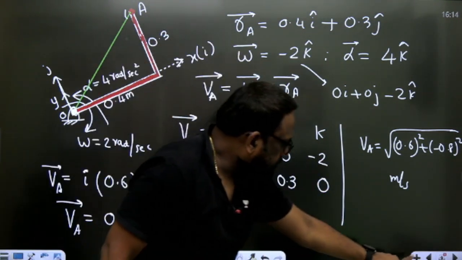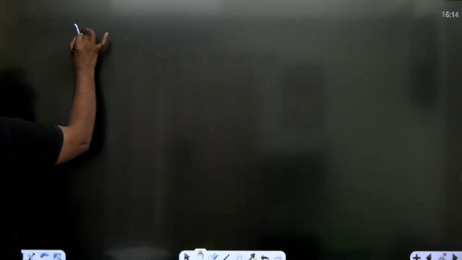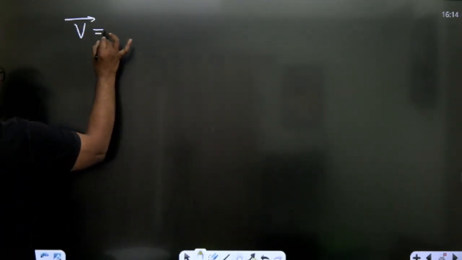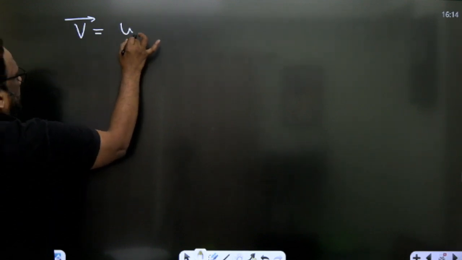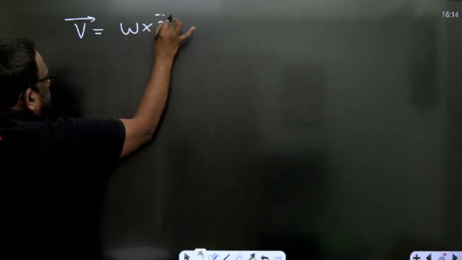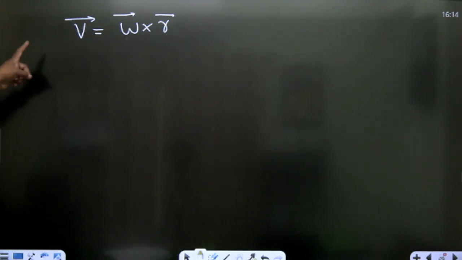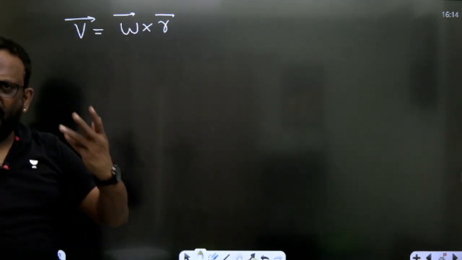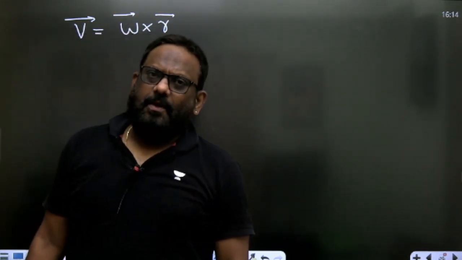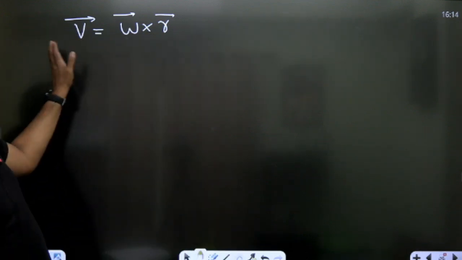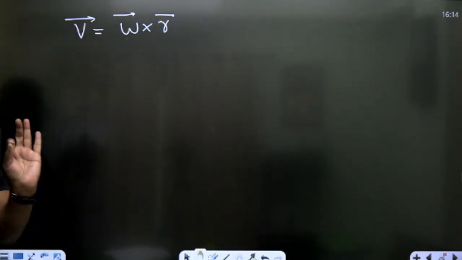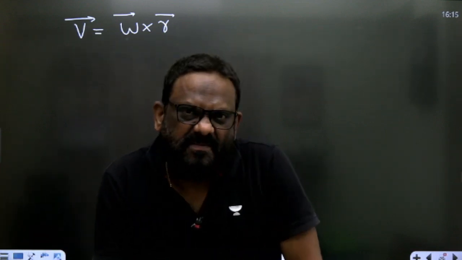Very simple. Look here. You know, my dear students, the velocity vector is given by omega cross r. Okay, sir. If I differentiate this, you have studied in differential calculus, vector algebra. You differentiate this, what do I get? Have a look, sir. So acceleration has two parts.